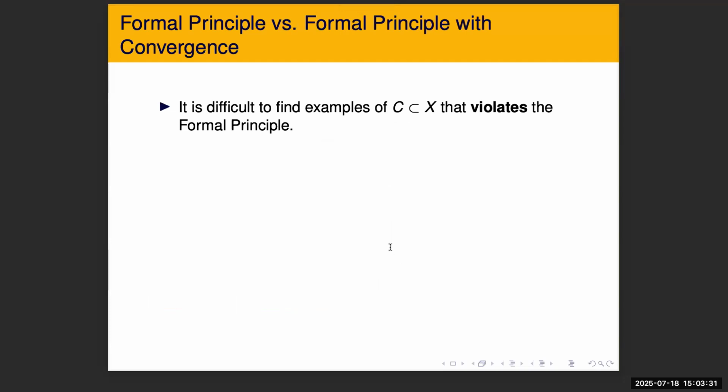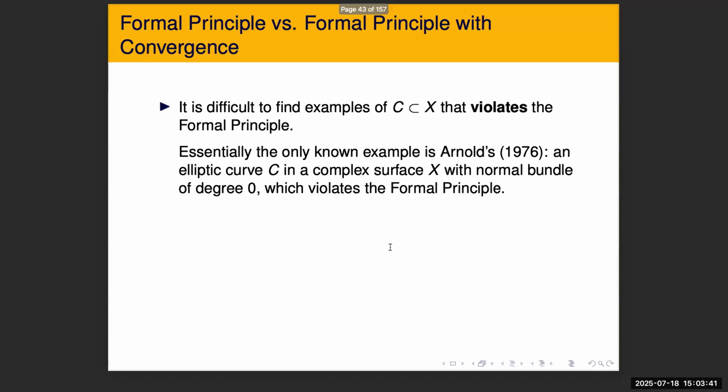Now, it is difficult to find examples of submanifolds that violate the formal principle. In fact, essentially there's only one example we know. This is an example constructed by Arnold in 1976, which is an elliptic curve in a complex surface with a normal bundle of degree 0.